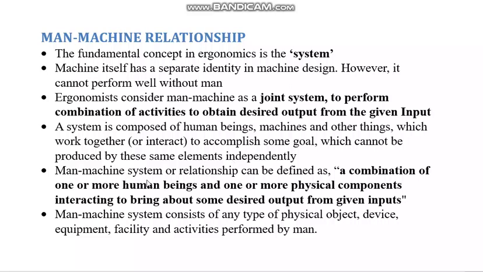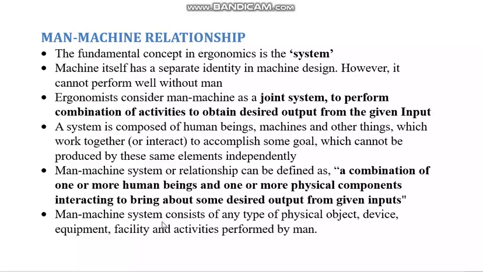The man-machine system, or man-machine relationship, can be defined as a combination of one or more human beings and one or more physical components interacting to bring about some desired output from the given input. This is the definition.